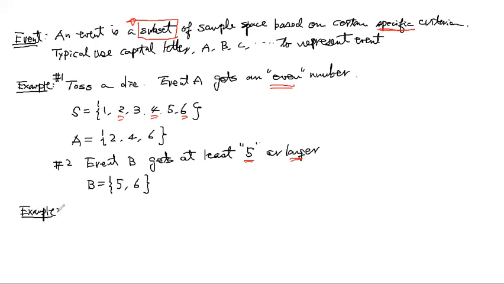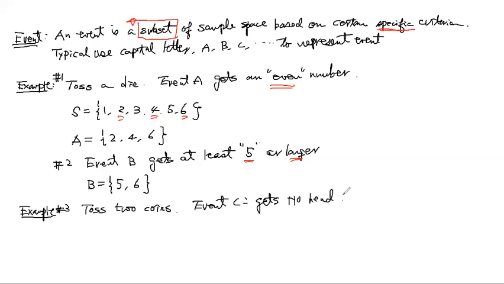Okay, so now let's take a look at another example. This is example number 3. I'm going to toss 2 coins. Then I define the event C as gets no head.